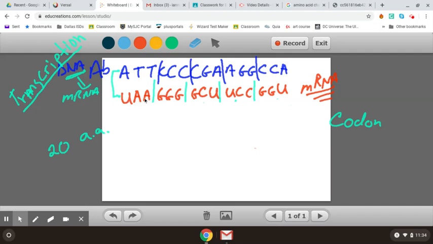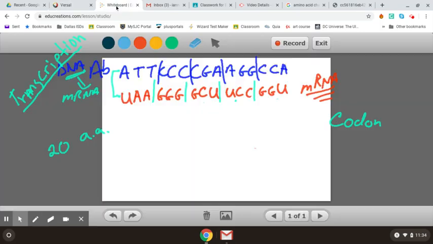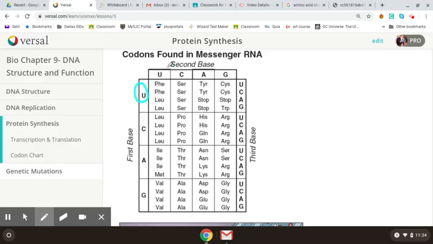So this codon says UAA. When the ribosome reads UAA, it goes to the code and says, okay, the first base is U. The second base was what? UA. So we know that the answer is in this box somewhere.